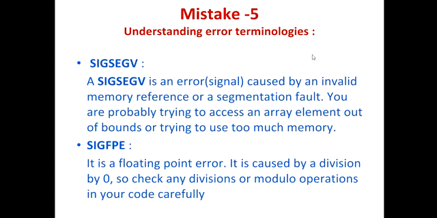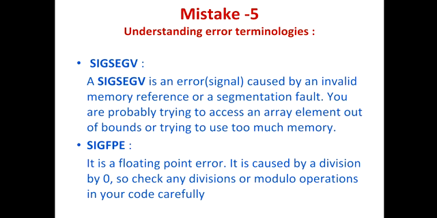There are some error terminologies. When we get such errors, we are not able to figure out what the error is. So the first is SIGSEGV. It is a very common error which is caused by a memory reference or a segmentation fault. You are probably trying to access an array element out of bound.